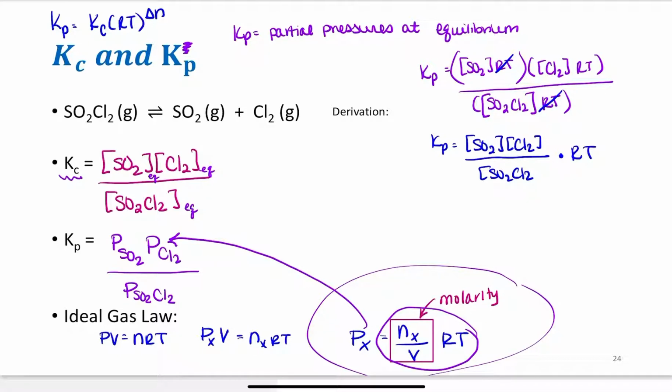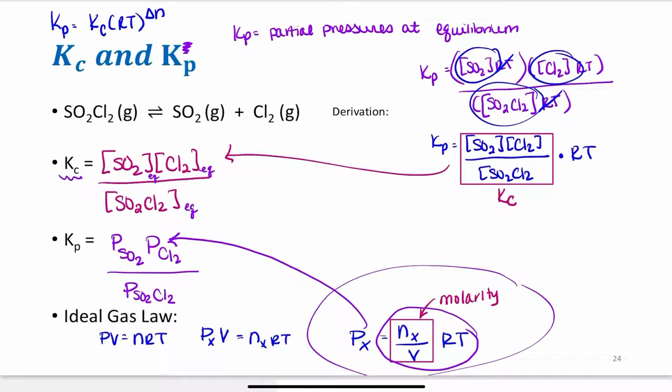It means the same exact thing. It's this fraction, this ratio times RT. But that ratio is the same as Kc. So Kp is equal to Kc times RT.